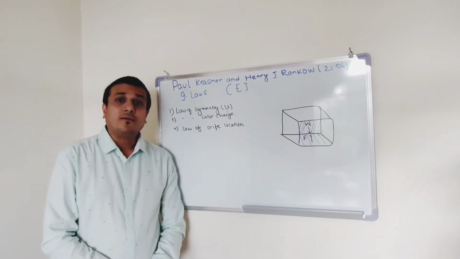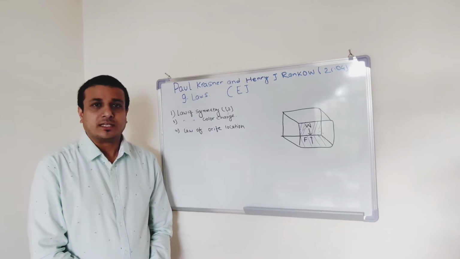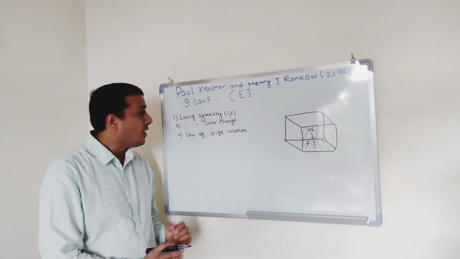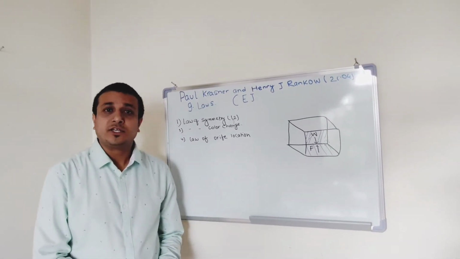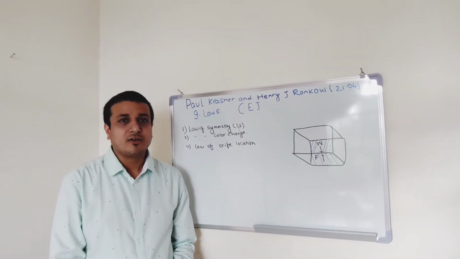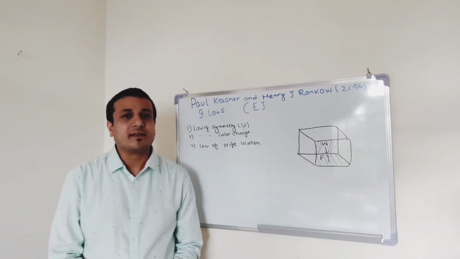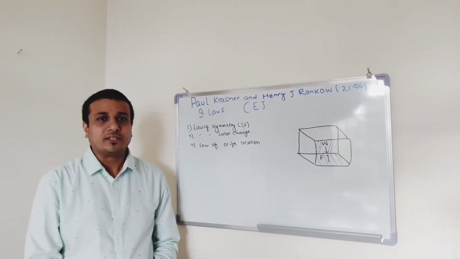Now coming to the law of orifice location. Before we begin, we must know that law of symmetry 1 and symmetry 2 are related to all the teeth except for maxillary molars. Now the law of orifice location, basically there are 3 laws of orifice location.